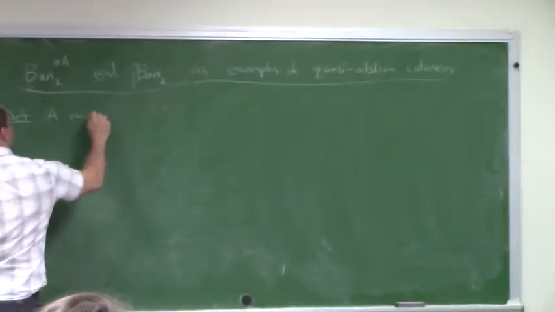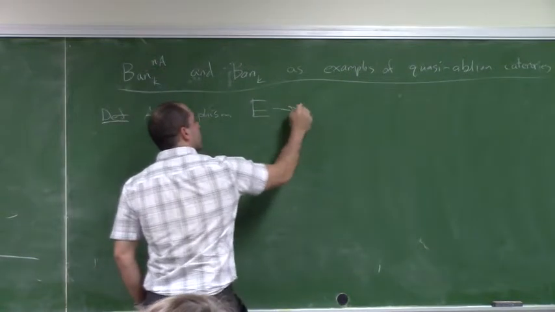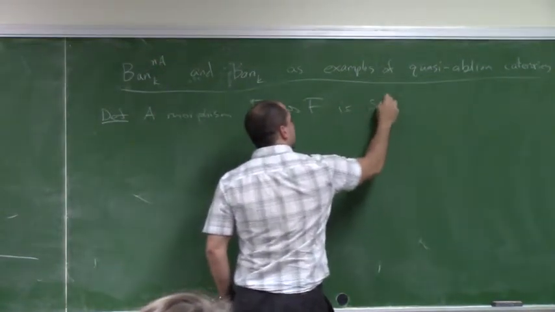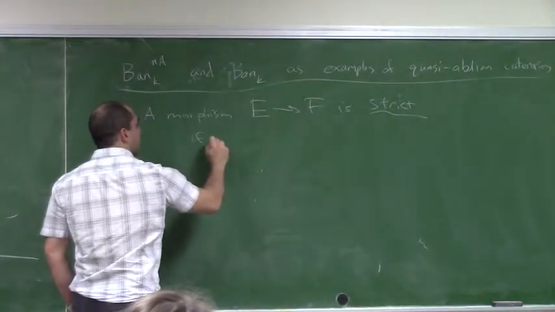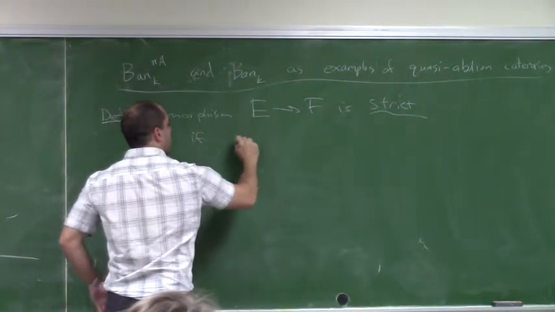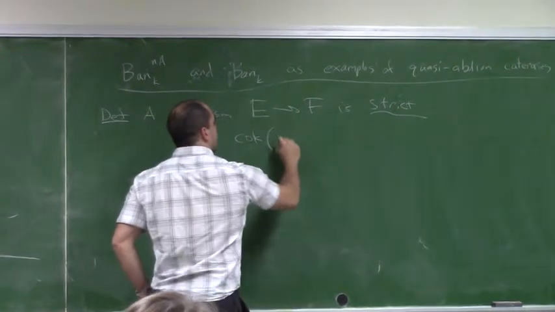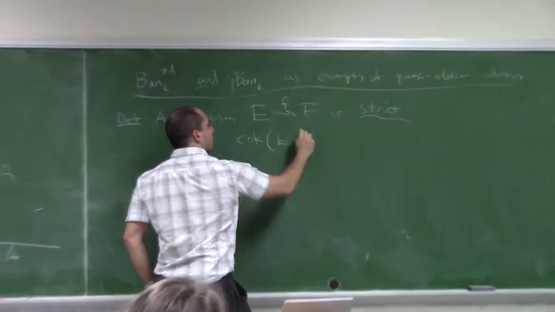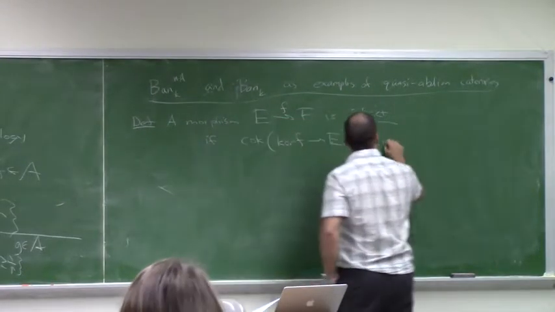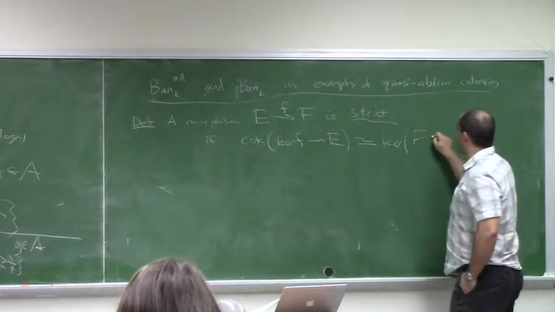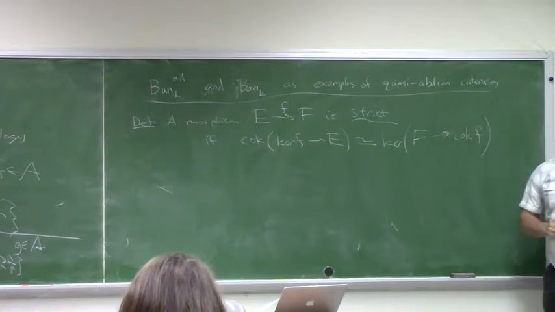A morphism is strict if the coimage, the cokernel of the kernel, is isomorphic to the image, the kernel of the cokernel. So this is always true in an abelian category.